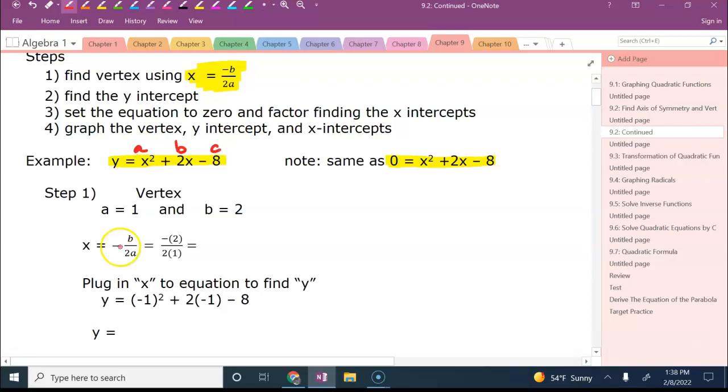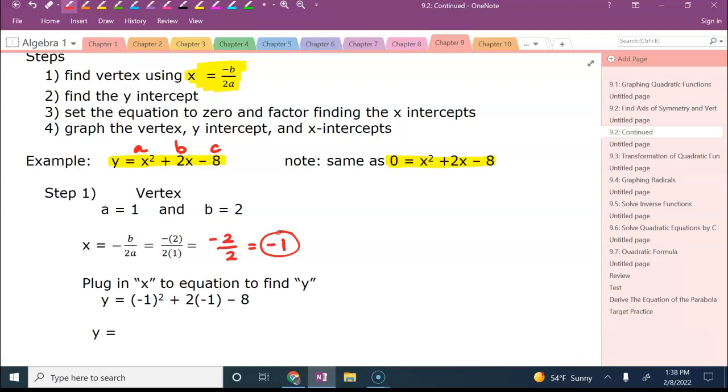We're plugging it into negative b over 2a, so we've got negative 2 on top over 2 times a, which is 1. So this is negative 2 over 2, which simplifies to negative 1. And remember, that is the x value of your vertex. That's also the axis of symmetry, that imaginary line that cuts through the graph.